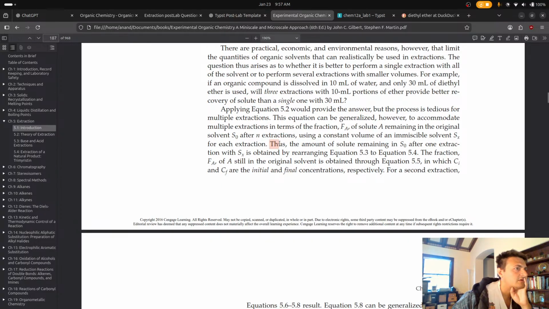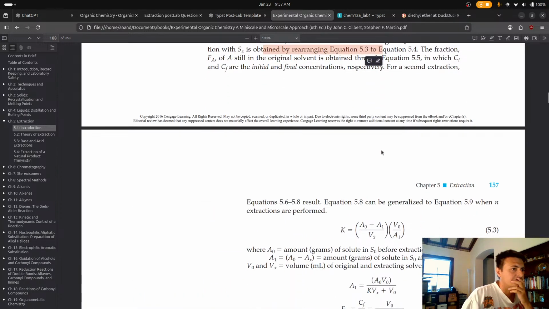Thus, the amount of solute remaining in So after one extraction, equation 5.3.